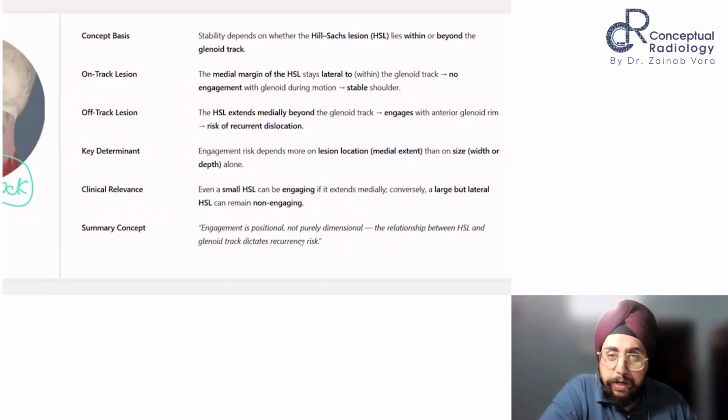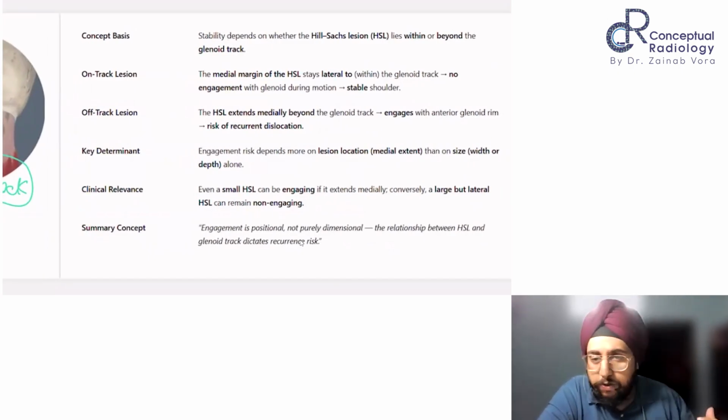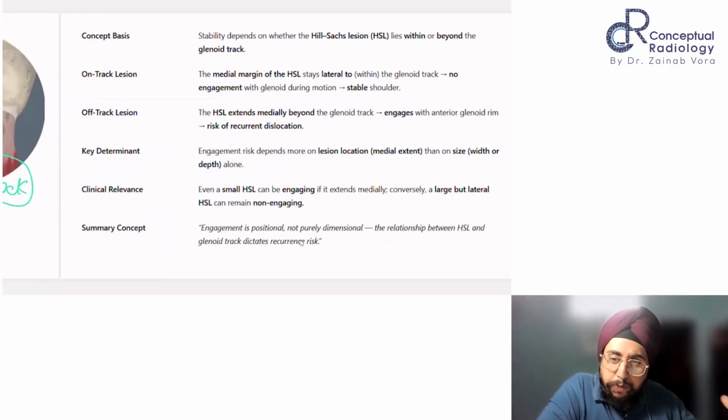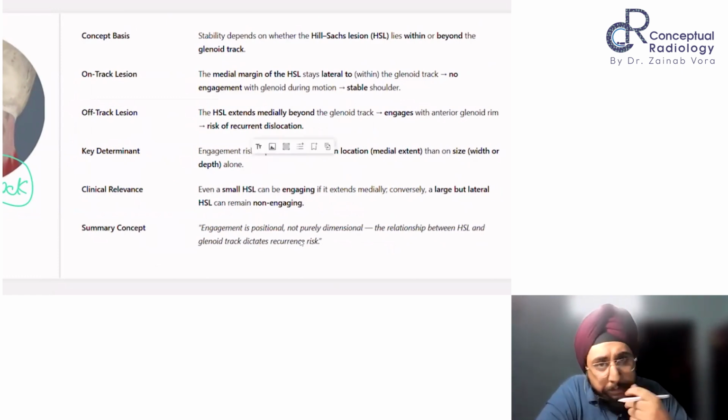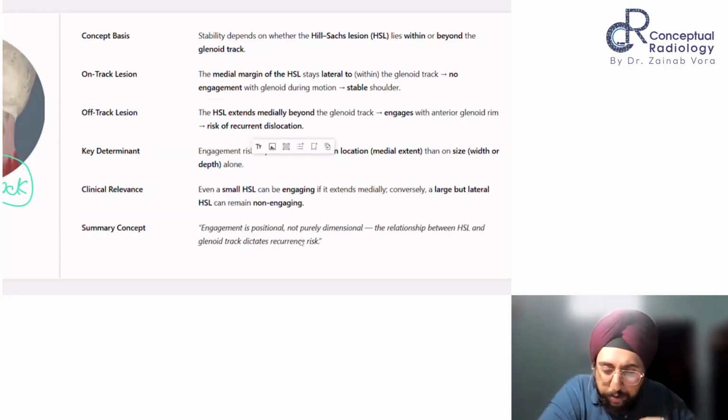Because the stability depends on it and the management of the patient changes. Either the Hill-Sachs is so large that it has a much more medial extent, or even if it is small but very medially placed, still it will engage your anterior glenoid rim. So that will make the patient much more unstable in comparison to a non-engaging or on-track lesion.